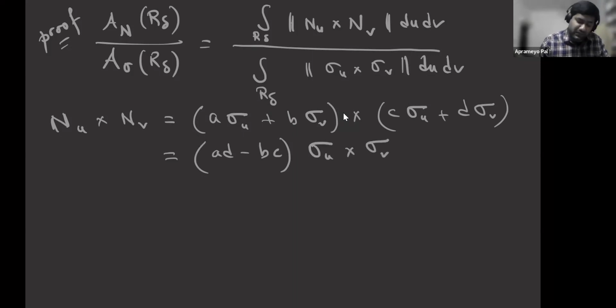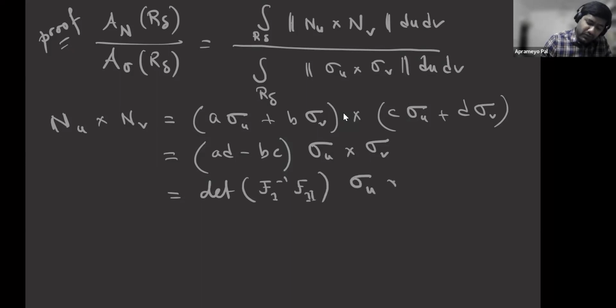This is just by the vector multiplication method. Now ad minus bc is what? If you remember, this abcd was the matrix of W. So this is the determinant of W. But moreover, I can now replace W by F_I inverse F_II, times sigma_u cross sigma_v. And what is this? This is exactly the definition of Gaussian curvature. So this is nothing but K times sigma_u cross sigma_v.